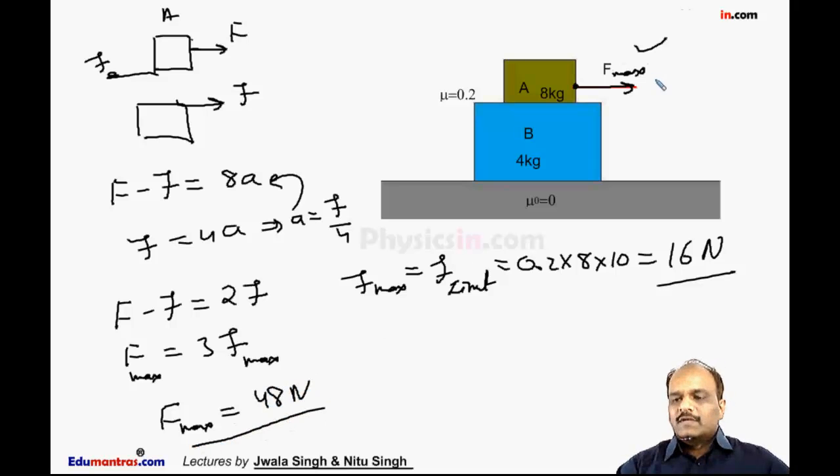So when we increase the force up to 48 Newton, block A and block B will move together. If F is less than 48 Newton, these two will move together. But when F is more than 48 Newton, the acceleration of the 8 kg and the 4 kg blocks is different, and the acceleration of the 8 kg block is more than that of the 4 kg block.